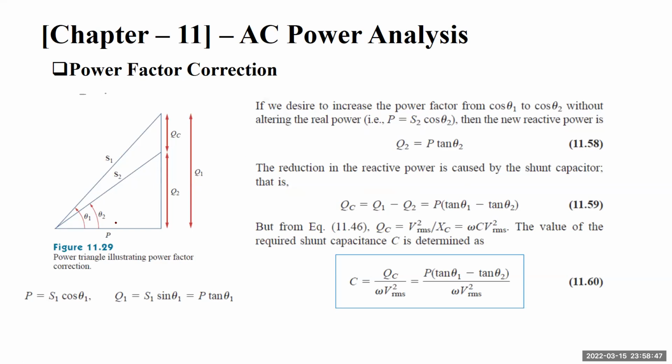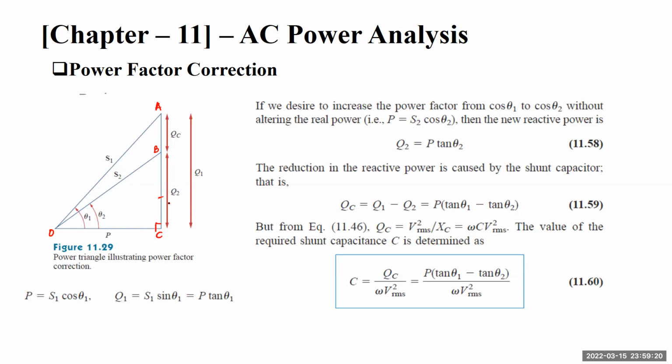Looking at this diagram, if I'm going to find the value of Q2, remember this value of Q2 can be found as follows. For example, if we have this triangle O, A, B, C, it is a right angle triangle, so we can use the sine, cosine and tangent for this right angle triangle.